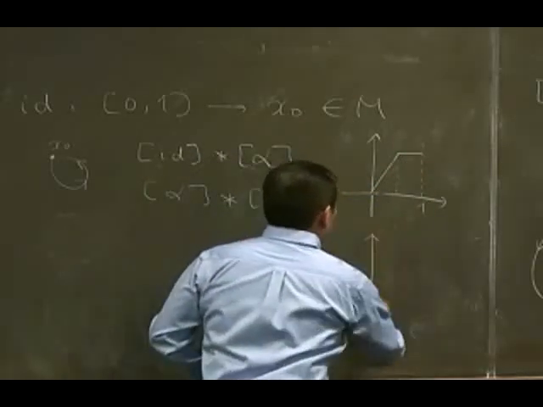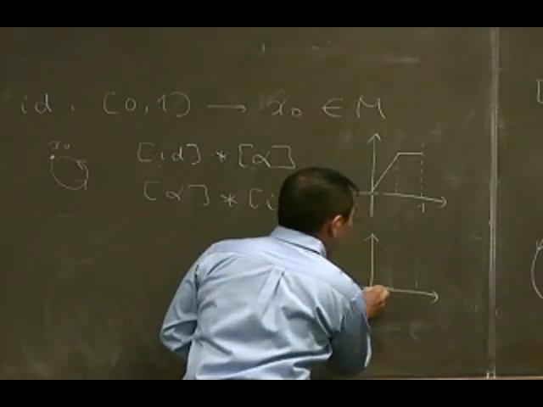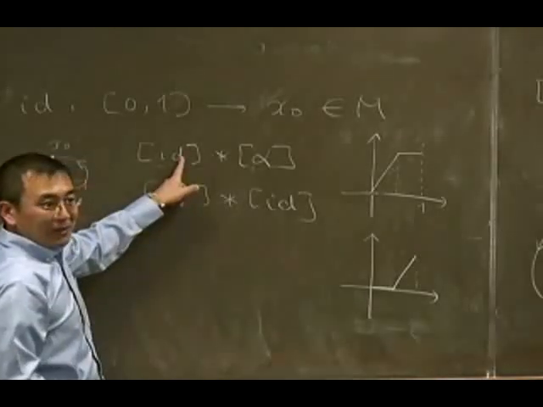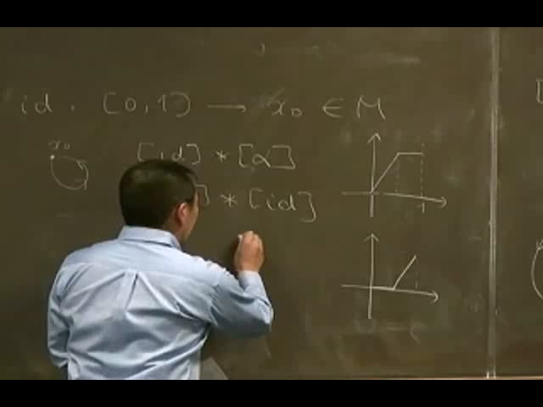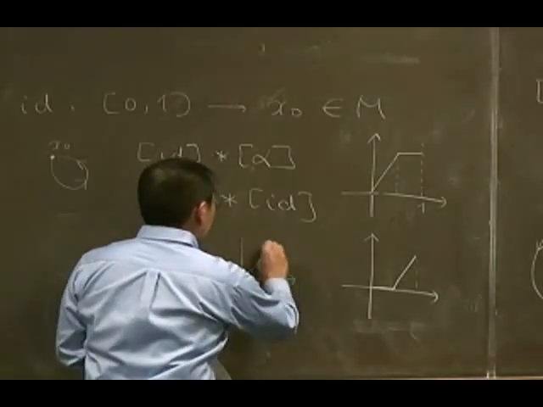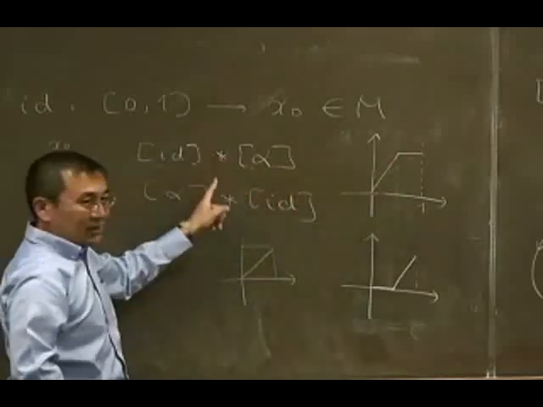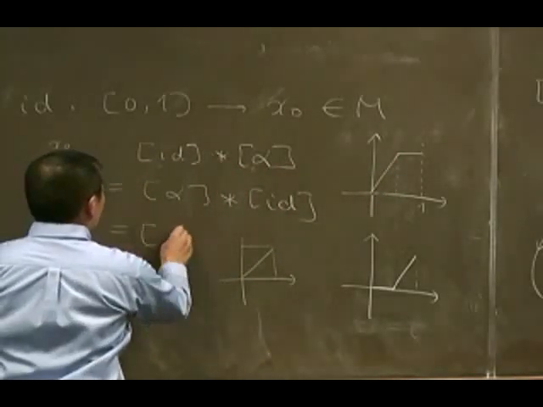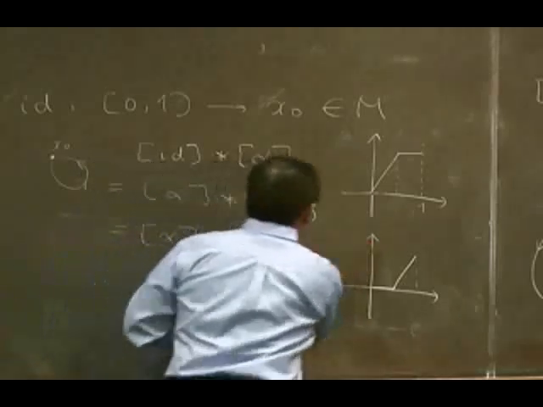On the other hand, you can stay half of the time flat and then go up. These are homotopic to the original one, which just goes this way. So these are all homotopic, therefore the same thing. This is equal to that is equal to alpha. That's how you define the multiplication and identity.